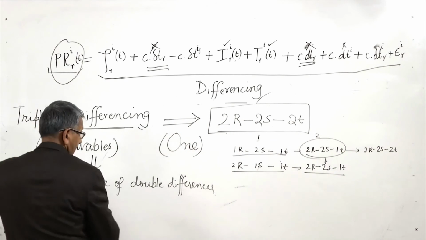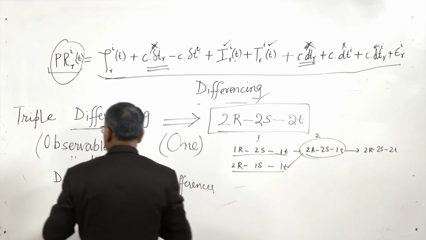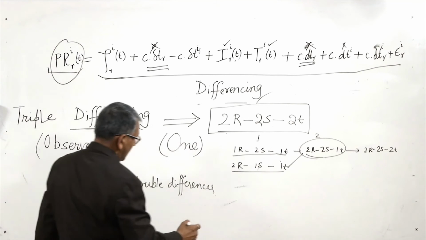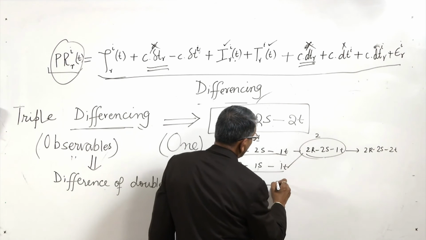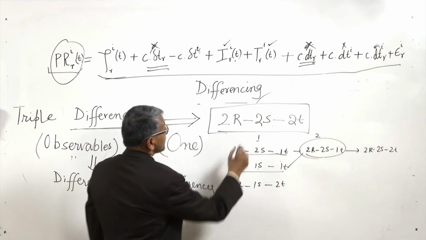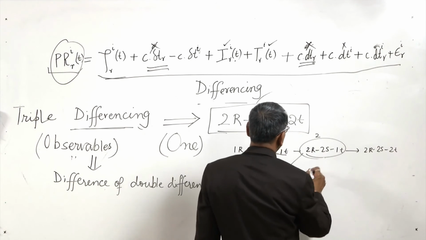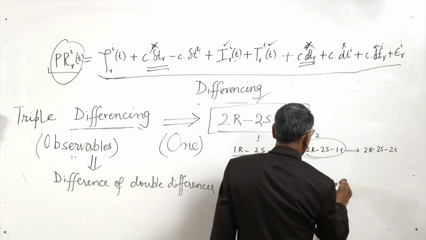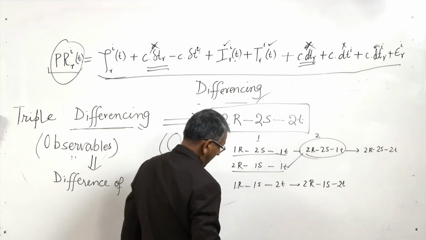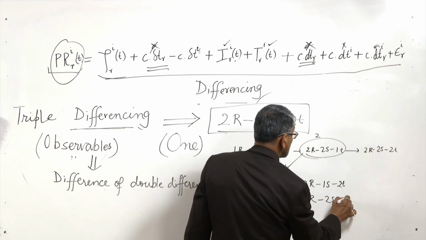And then we know we have 1R 1S 2T, this is the single difference. So from there I can go for 2R 1S 2T, or we may go for 1R 2S 2T.